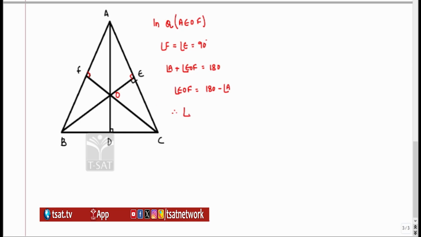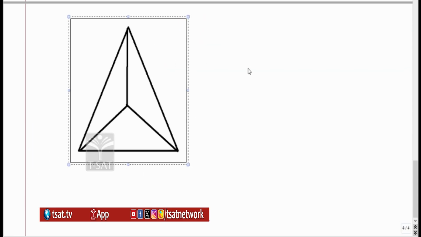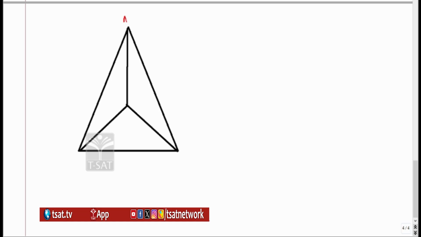Therefore, angle BOC is equal to angle EOF because they are vertically opposite angles. So, if this is angle A, this angle must be 180 minus A. Therefore, angle BOC is equal to angle EOF, 180 minus angle A. So, look at this triangle ABC, O is the orthocentre.